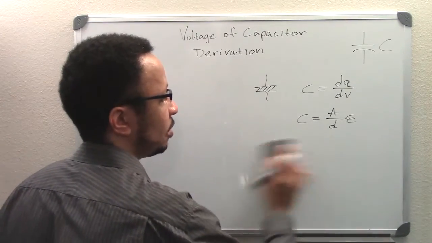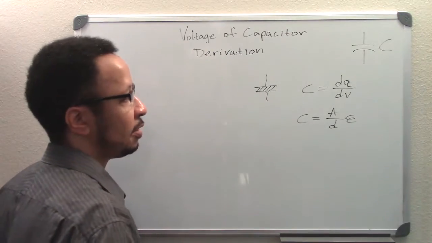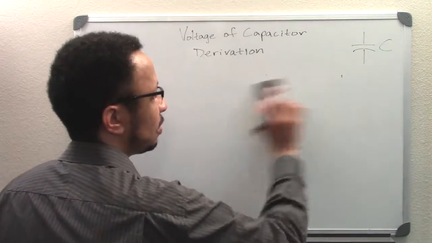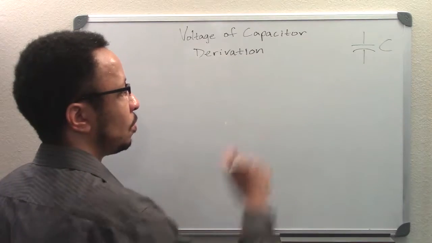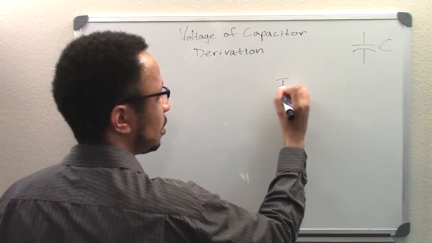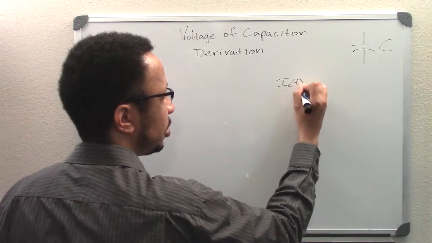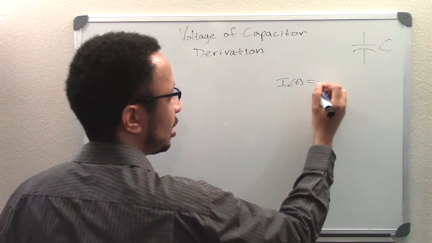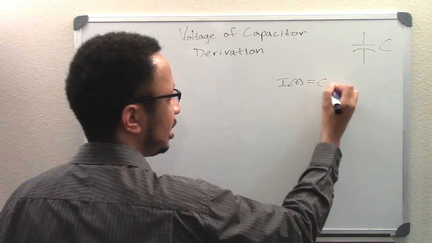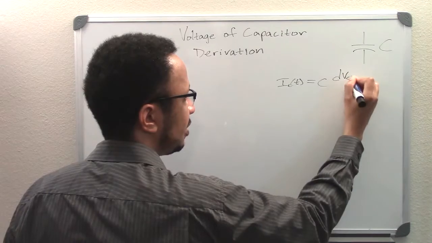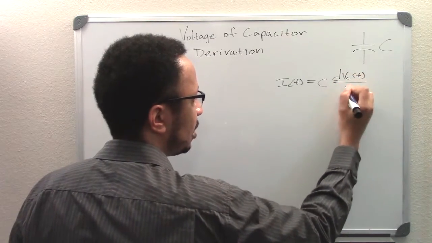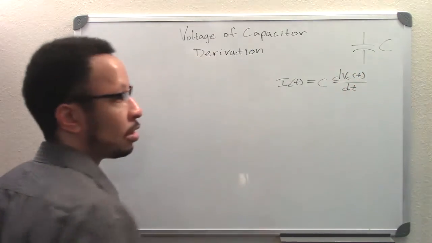So next, what we'll go ahead and begin to do is take our empirical equation here, which says that I_C(t) = C dV_C(t)/dt gives you a current.